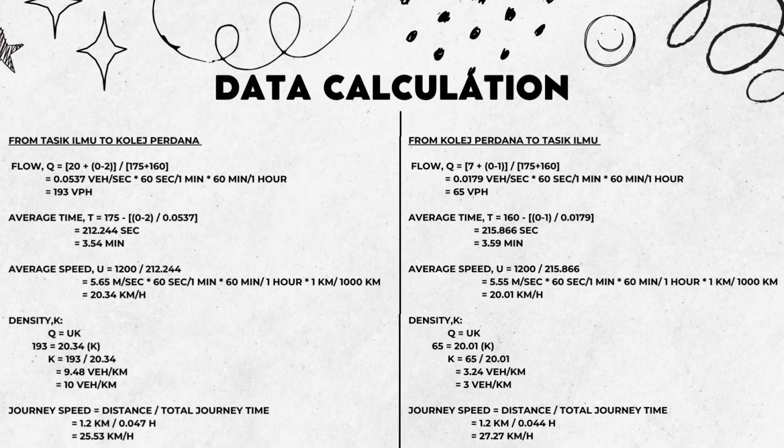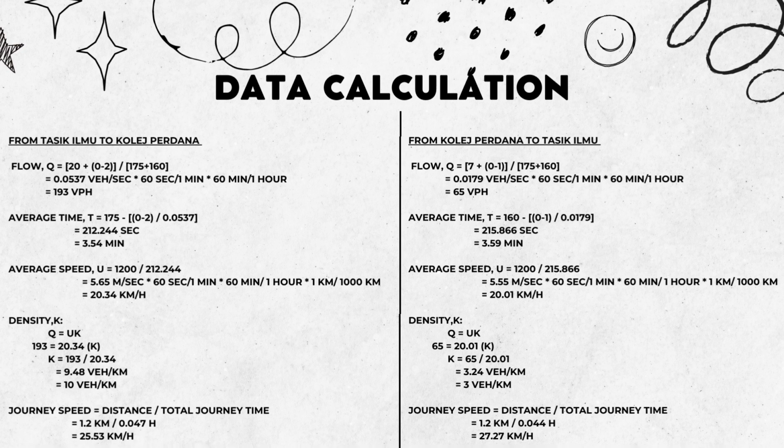And this is the data calculation. On the left side is from Tasik Ilmu to College Perdana. The Q we get is 193 vehicles per hour. Average time is 3.54 minutes. Average speed is 20.34 km per hour. The density we get is 10 vehicles per kilometer, and the journey speed is 25.53 km per hour.